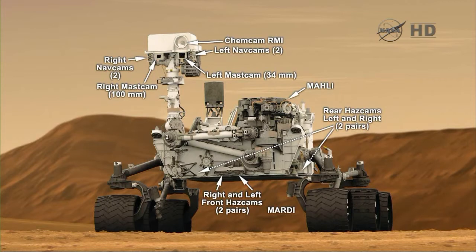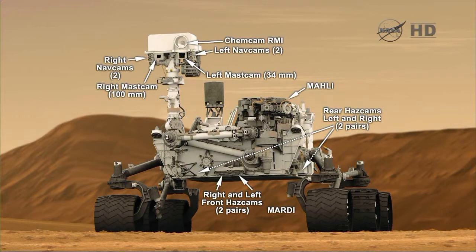On the mast, which you see at the upper left of the graphic there, are 7 cameras. Those are two pairs of navigation cameras, because there are 2 sides of the rover computer, so each side can control one set of cameras, and there are pairs of them because they're taking stereo data.